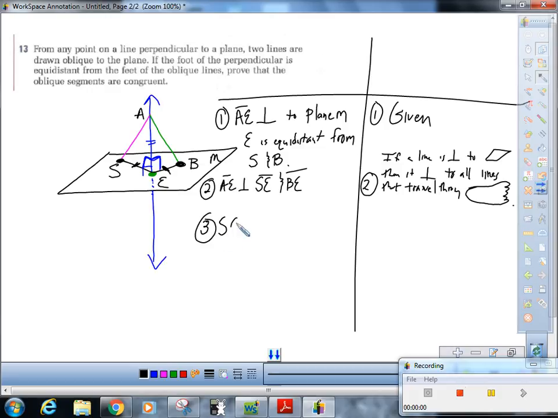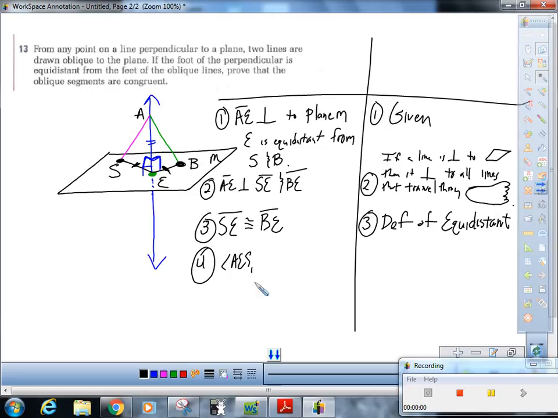I know that SE is congruent to BE, and that's the definition of equidistant. I know that angle AES and AEB are right angles.